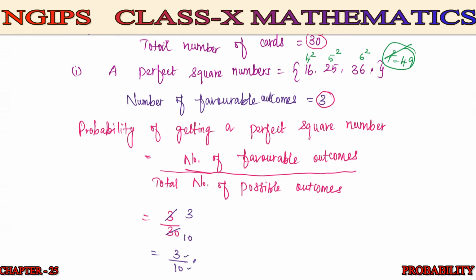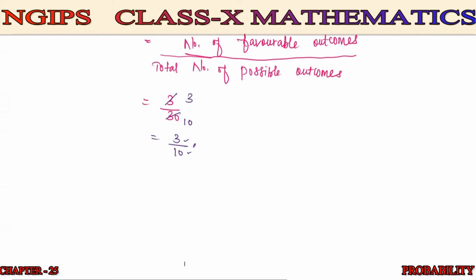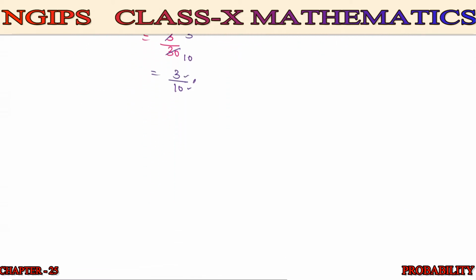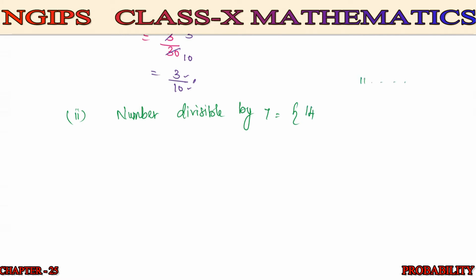Now we will move to the next sub question. Here the second sub question, we need to find the number divisible by 7. Numbers divisible by 7 from 11 to 40: 7 2s are 14, 3 7s are 21, 4 7s are 28, 5 7s are 35, 6 7s are 42.